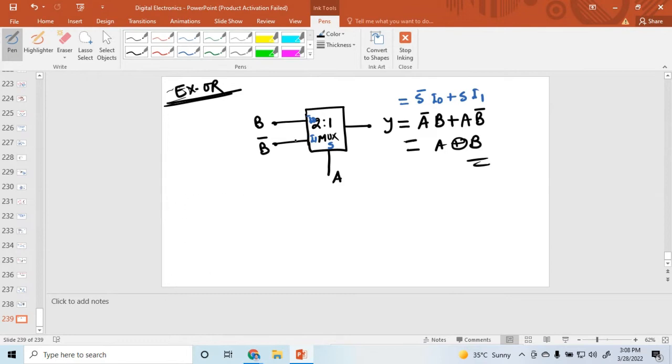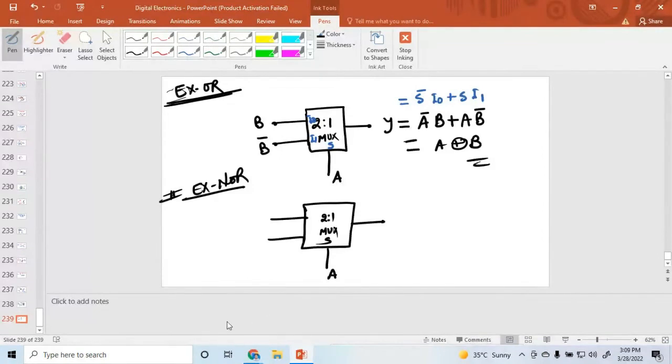Similarly, how to design the XNOR? Suppose this is a 2 is to 1 mux, having two inputs and one output. Here the selection line value is A, and for XNOR just invert these values.